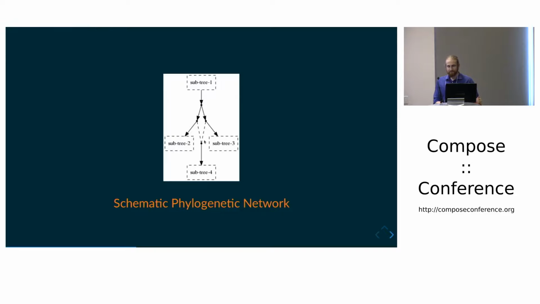And what that represents in a phylogenetic context is that subtree 4 is going to share some ancestry with subtree 2, and it's also going to share some ancestry with subtree 3, but subtree 3 and subtree 2 are going to have separate ancestries from these 2 nodes. And this can happen if there's some sort of hybridization event. Very common with microorganisms.